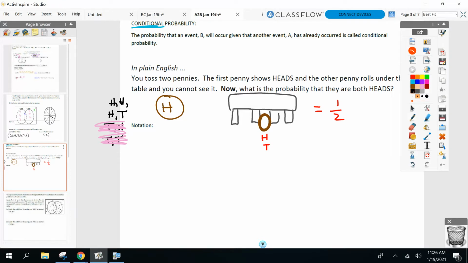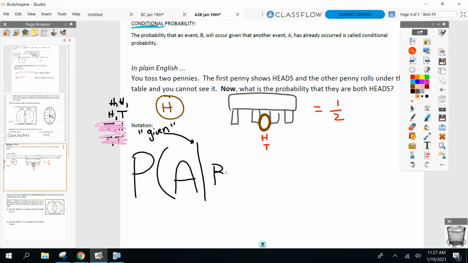Let me give you the notation that you're going to see, because this is brand new notation. I'm going to make it nice and big here on the screen. Probability, there's my capital P, probability that event A happens. Ready? You're going to see a vertical line now, and I read this as given. The probability of A given B has occurred. All right, there's my new notation.